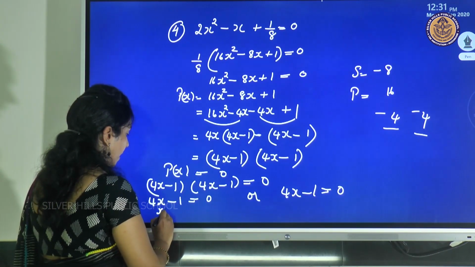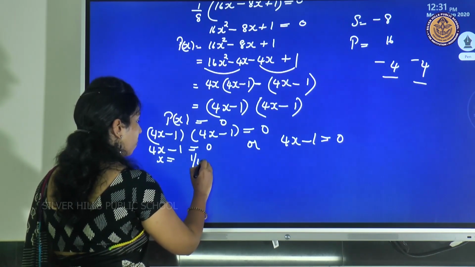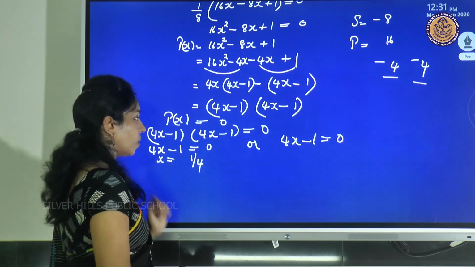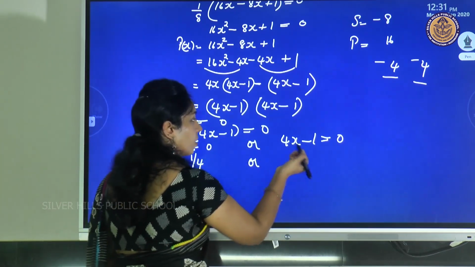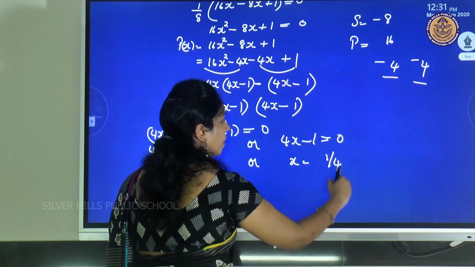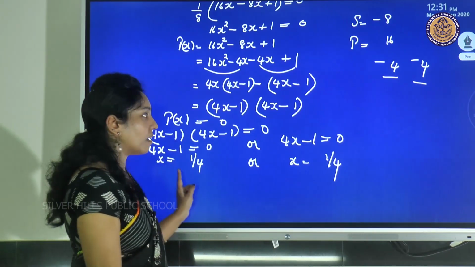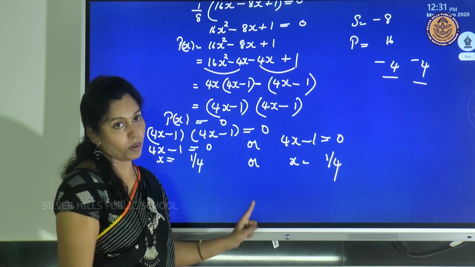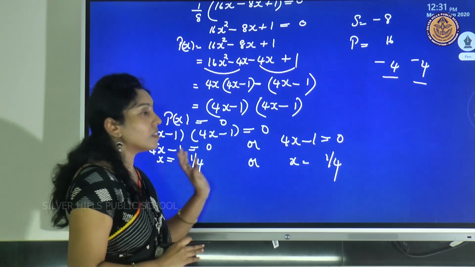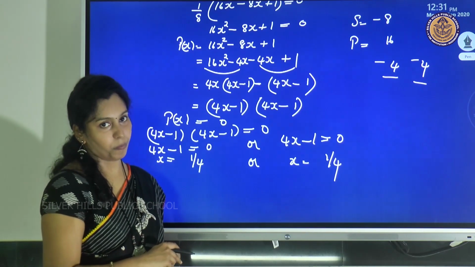From here I get x is equal to 1 by 4 because 1 goes to the other side. Or what do you get here? Same thing, I get x is equal to 1 by 4. So, you are getting two equal roots and that is 1 by 4. Not two different roots, here the values of x are the same and we got it as 1 by 4.